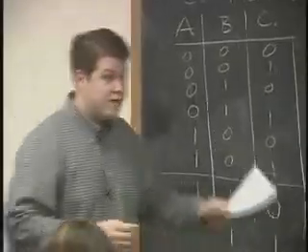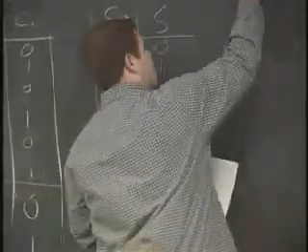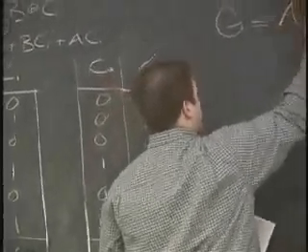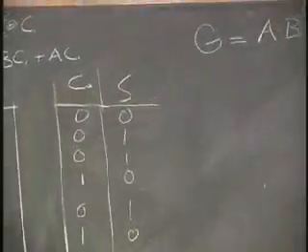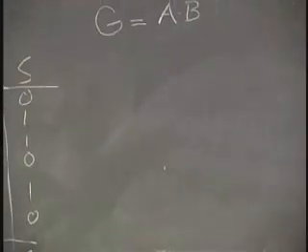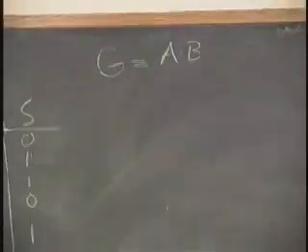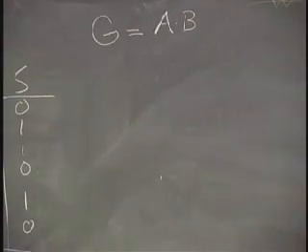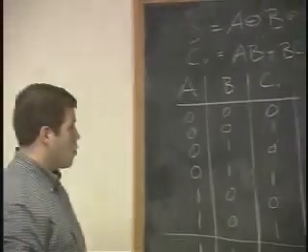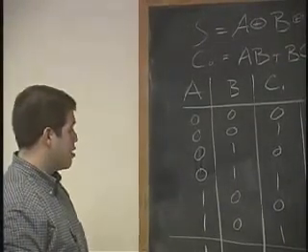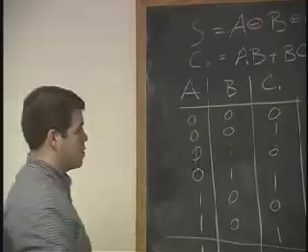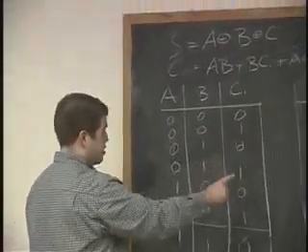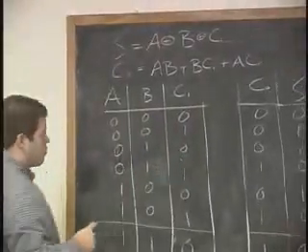This is where we define our new functions. We define generate as A and B. Pretty simple, because whenever there's an A and a B, we know that we get a carry out. Now our next function is called propagate. Basically what propagate does is it looks at our carry out and asks, when do we propagate?